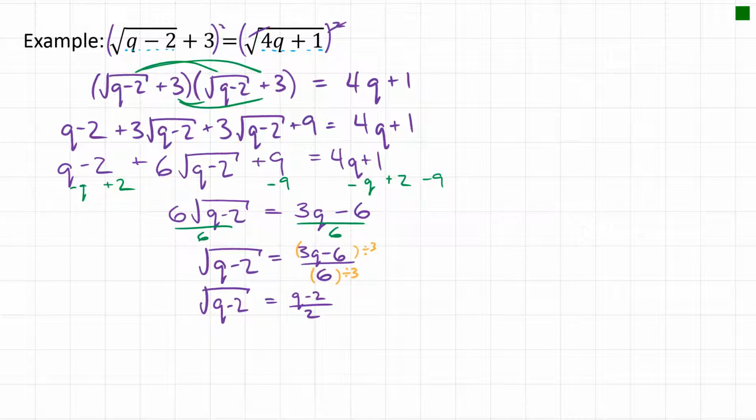And now I'm ready to square each side of the equation again, which, you know, it's just not kind. So that gets rid of this radical, leaving me with q minus 2. And now I have q minus 2 squared. So I'm going to write that as q minus 2 times q minus 2 over 2 squared, which is 4.